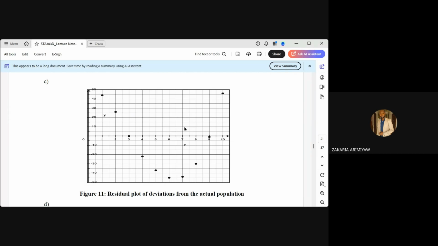Let's look at it. Have you seen any pattern? What pattern have you observed? A U-shaped pattern. So there's a U-shaped pattern. What does it mean as far as the fitness of the model is concerned?